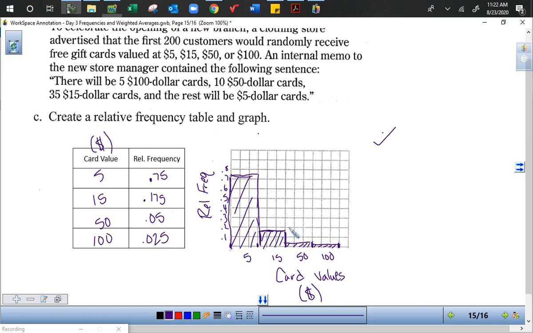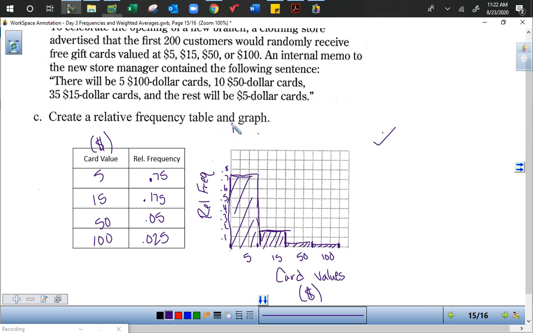The last details that we need on a graph are a title and a table source. On top we want to talk about what this gives information on. We're always going to start frequency graphs with distribution, because the word distribution, and we'll talk about this a little more next class, is anything that displays frequency.